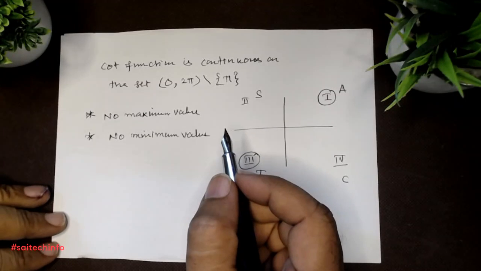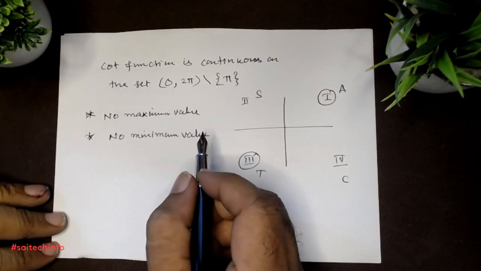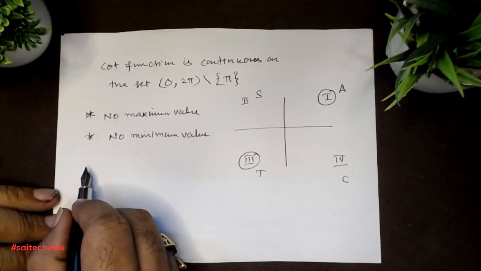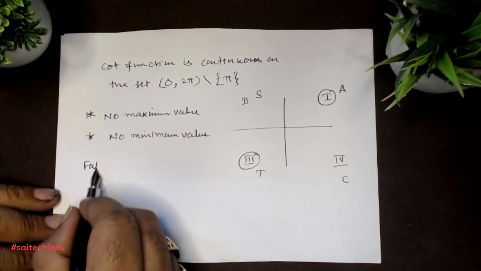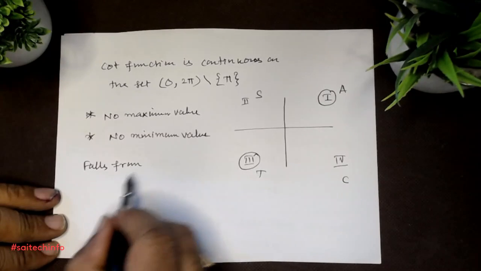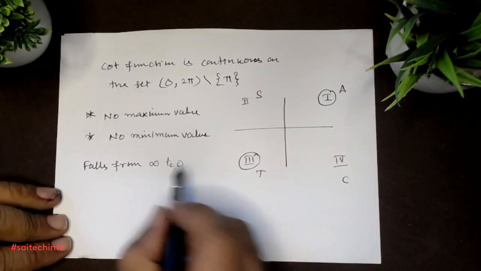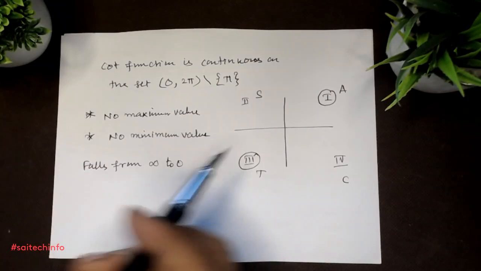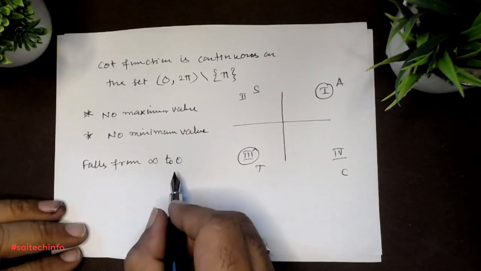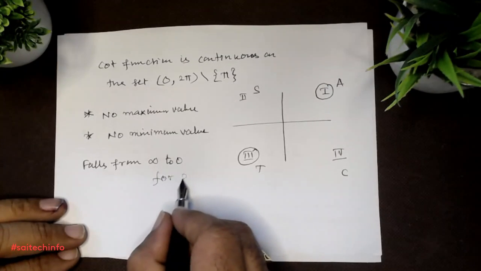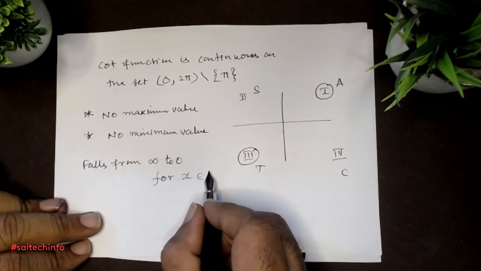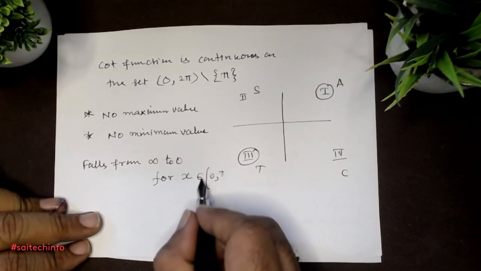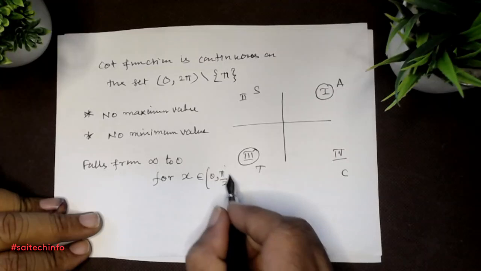Now the cotangent falls from infinity to 0 for x that belongs to the interval 0 to pi by 2, with an open interval on the left and a closed interval on the right.